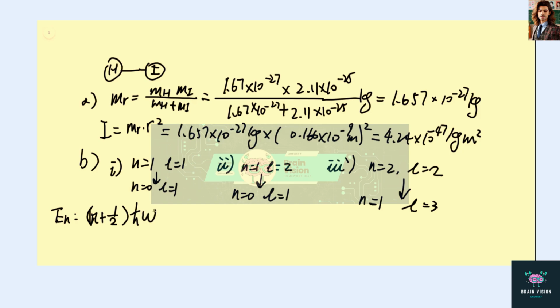And we do not know what omega is, but we know what frequency is. Omega equals 2 pi times frequency, and h bar equals h over 2 pi. So it is easier to rewrite this equation as E_n equals (n plus 1/2) h f.